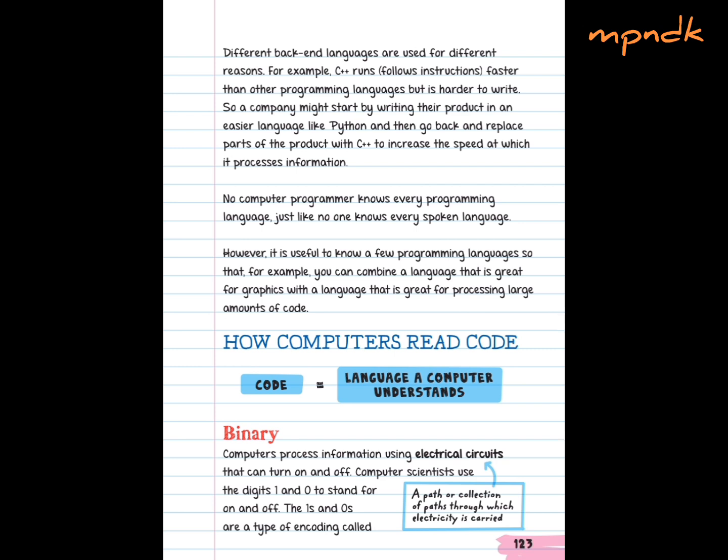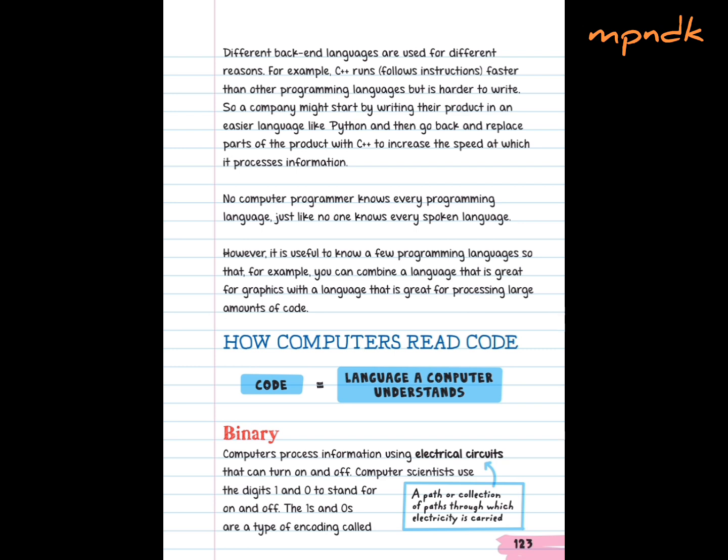For example, C++ follows instructions faster than other programming languages, but it's harder to write. So a company might start by writing their product in an easier language like Python and then go back and replace parts of the product with C++ to increase the speed at which it processes information.